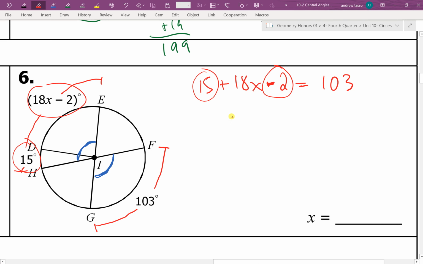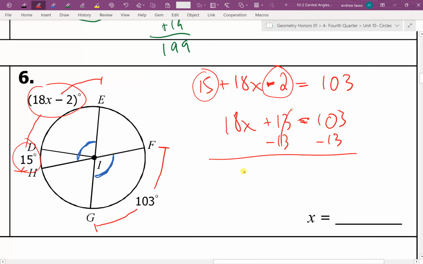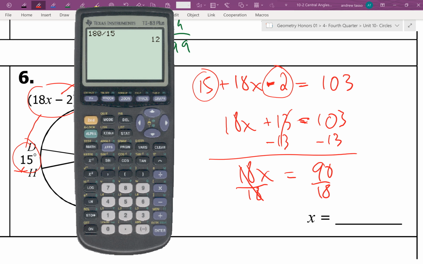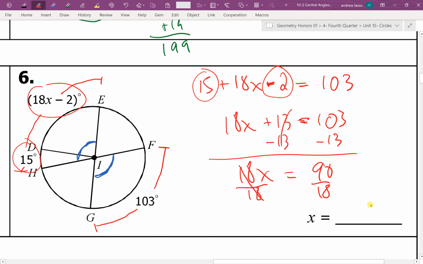So here we can combine these numbers. So we have 18x plus 13 is equal to 103. And then we subtract 13 on both sides. So we get 18x equals, if you do the math here, it looks like 90. And then we divide by 18. Okay, so if you're having trouble with your mental math, you can divide on here and get 5.